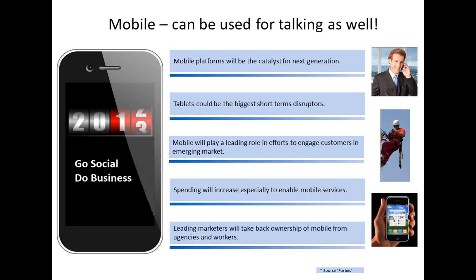Secondly, tablets could be short-term disruptors. I'm not sure it is said so, but these are some observations from my readings. That's why it is very important to have two separate use cases for smartphones and tablet devices.